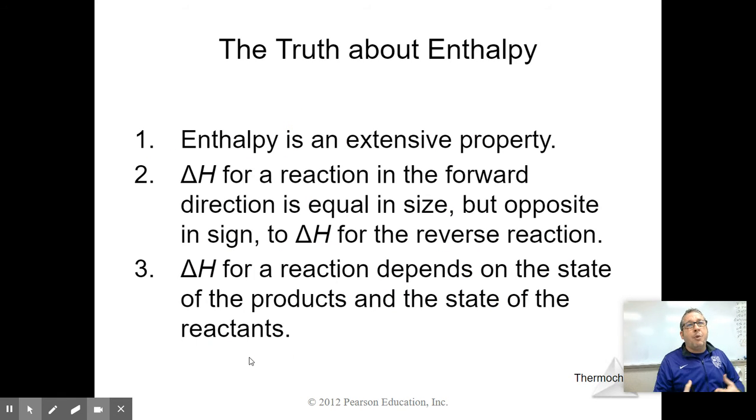When we get to that point, you're going to find that we have substances and elements that can be found in various states, solid, liquid, or gas. And depending on what state they are in, when we are looking at the reaction itself, that's going to determine the amount of energy available from those substances, okay? So we can have water in solid, liquid, and gas. We can have other substances in multiple states of matter. And depending on what the state of matter is, we have different values of energy.